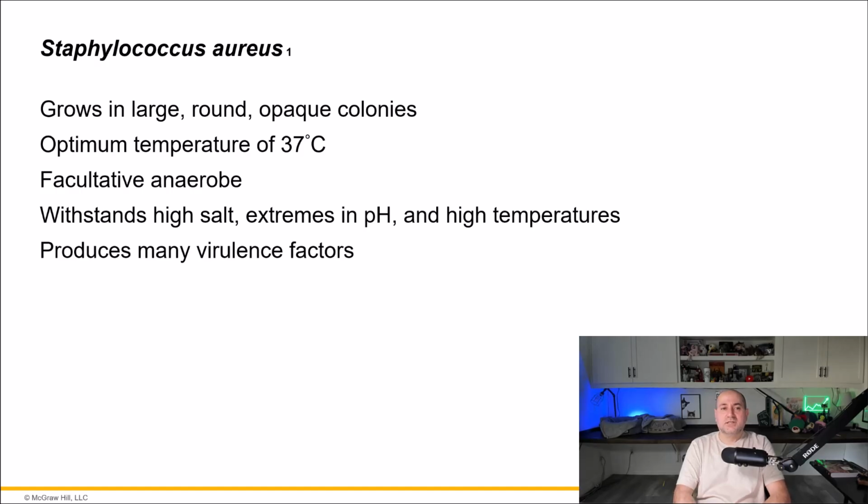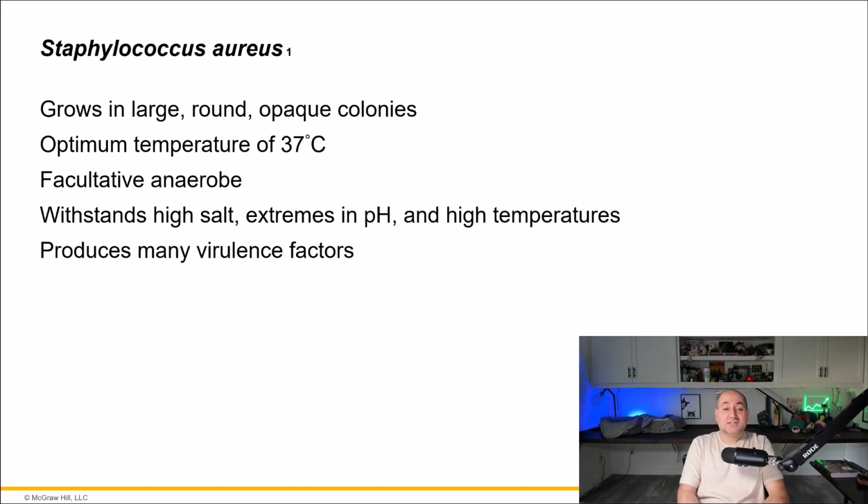Isn't that neat? And by the way, these colonies are usually yellow, because the first two letters of aureus are AU, and AU is the symbol for gold. These Staphylococcus aureus form golden colonies on a plate. Isn't that neat? They are also facultative anaerobes, which means they can grow in the presence or absence of oxygen.